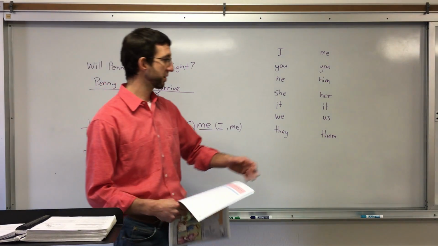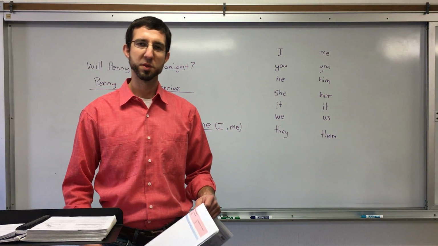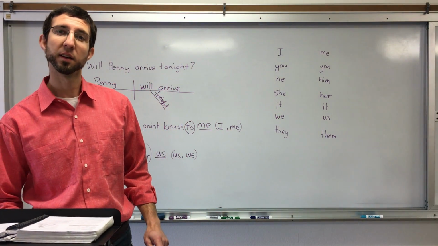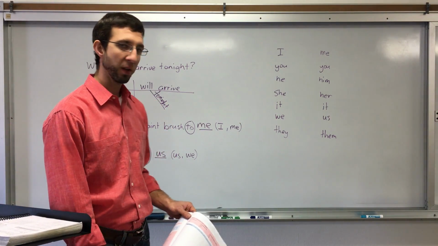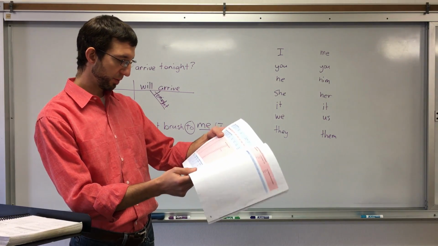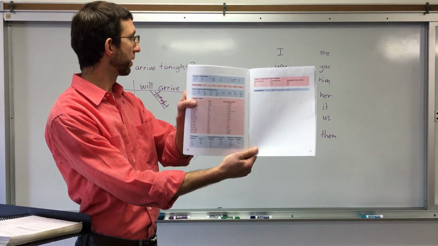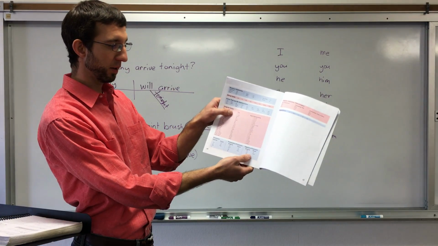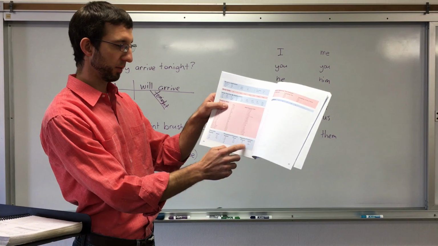And I'll show this to you. Today you have this list in your lesson. Tomorrow and the next day and the next day, you might have trouble remembering that list. Look back to this lesson, or you can go to page 64, and that list of pronouns is right here under the objective pronoun heading.